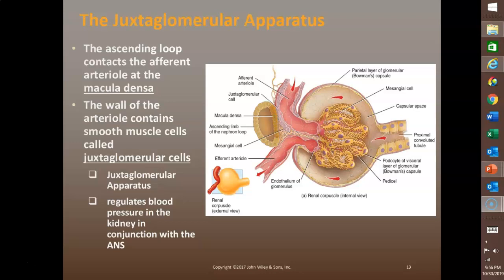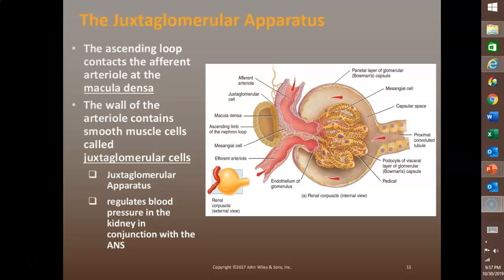And the cells that are in this part of the ascending limb of the nephron loop are going to be very, very tightly packed together, so they're known as the macula densa. So beside the macula densa, the walls of the afferent arteriole have some modified smooth muscle cells that are called juxtaglomerular cells.